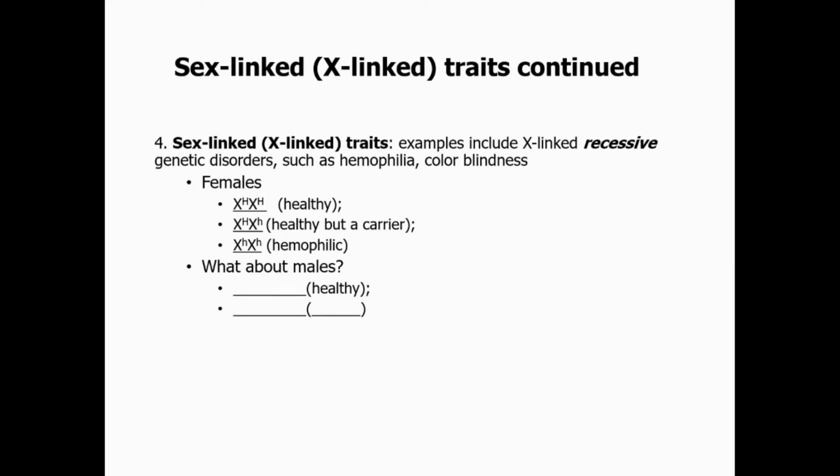Right? Now, most of those genetic disorders are recessive genetic disorders. So that means we are kind of going back to dominant-recessive inheritance again. But you need to remember that those alleles are linked to the X chromosome. All right, first let's use hemophilia as an example.